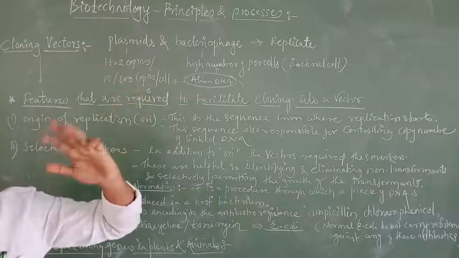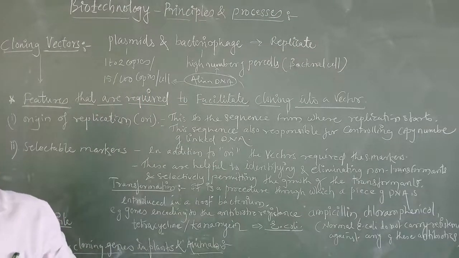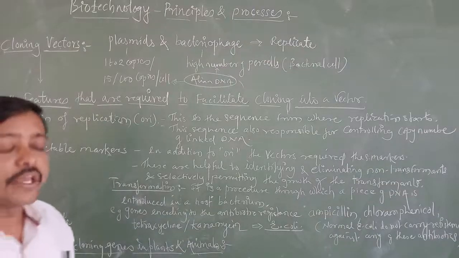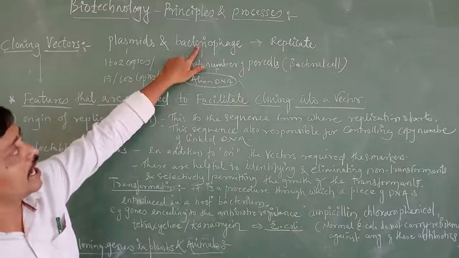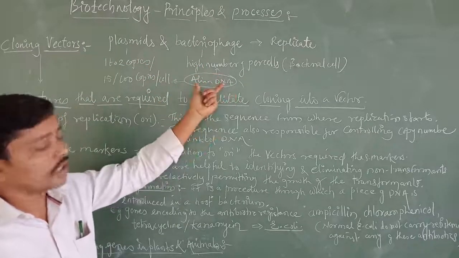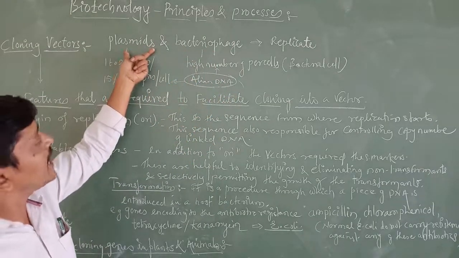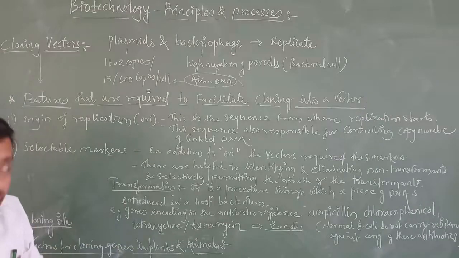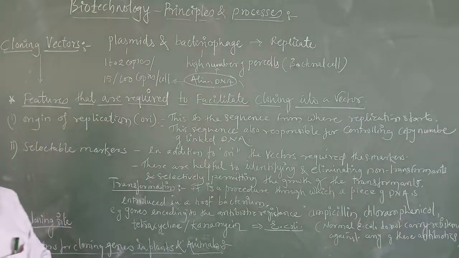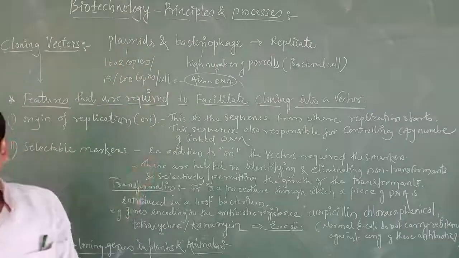If we join the alien DNA to the plasmid or bacteriophage, when they go into the bacterial cell, just as their number grows, your alien DNA also replicates and increases its quantity. That is what the cloning vectors, the plasmid and bacteriophage, do.